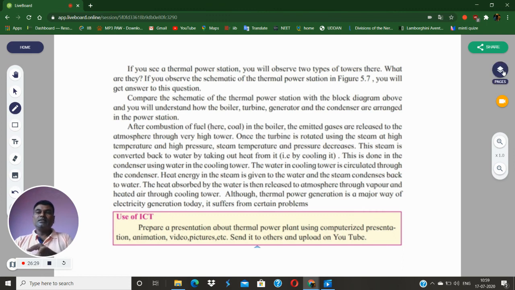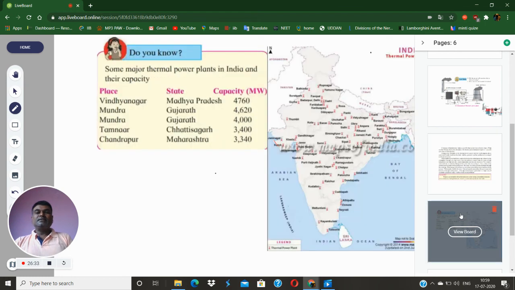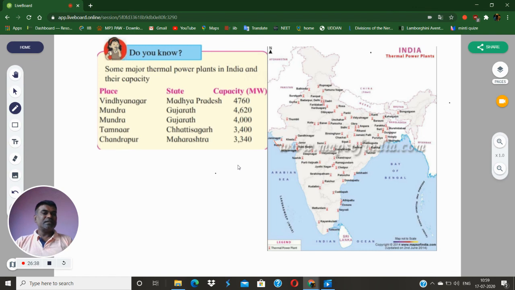Let's go to our next slide. That was one simple slide, this is an informative slide. Now in this slide I am going to tell you, this has information: in our India there are different thermal power stations, shown in this given map. These are different thermal power stations, but out of them, the thermal power station we have learned in our study curriculum for 10th standard.